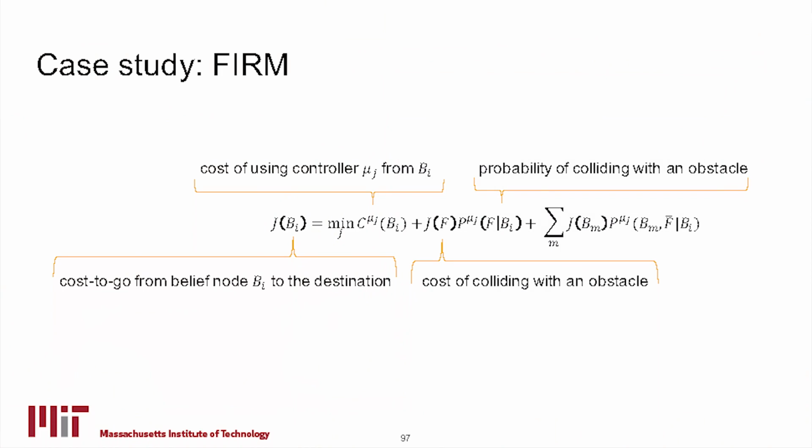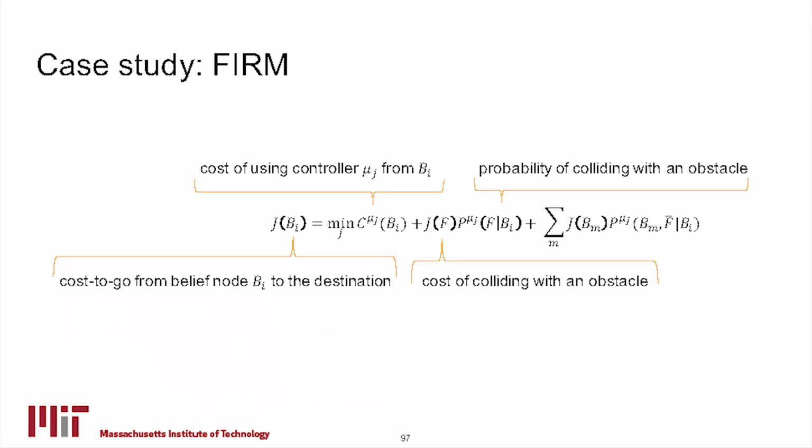It's the cost of executing a specific action plus the cost of colliding with an obstacle, times the probability of colliding. That's this term. And then, once I reach a state, what's the cost from there? I should weight that by the probability of ending up in that state. Does this equation make sense to people?